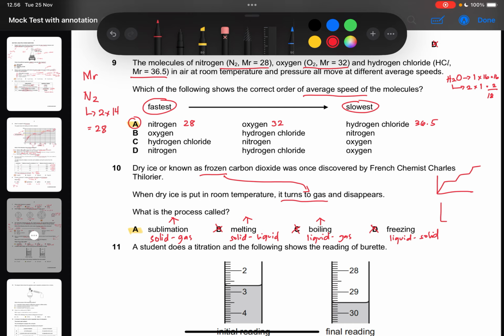While the cooling curve will show how different substances lose energy. So the different processes that require losing energy, decreasing energy or releasing energy, are freezing and condensation, and also crystallization.